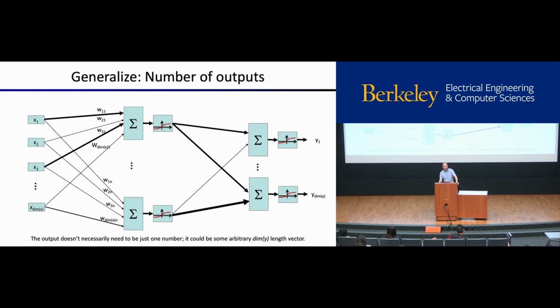So what I was depicting before, there's just one output, and so that's kind of like the binary classification setting or a regression setting where you're just trying to produce a single number as output. But if you had multi-class classification, or if you're trying to do regression predicting multiple scalar targets, then you might have multiple outputs.